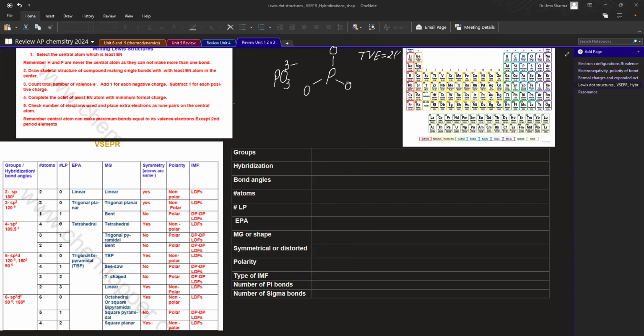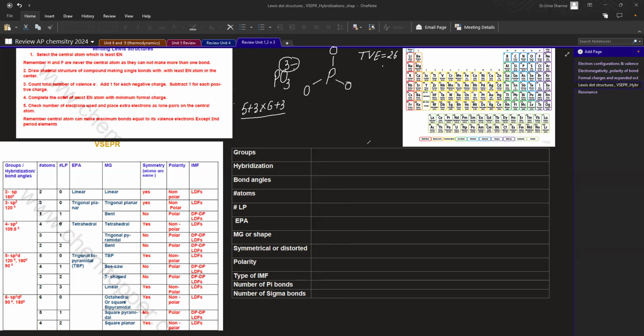Okay, I'm taking 26. You added this 3 minus, Aditi. 5 for P, 3 times 6 oxygen, and this 3 minus means extra 3. So I think she's right, 26.